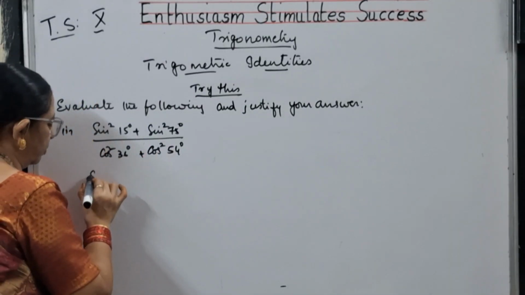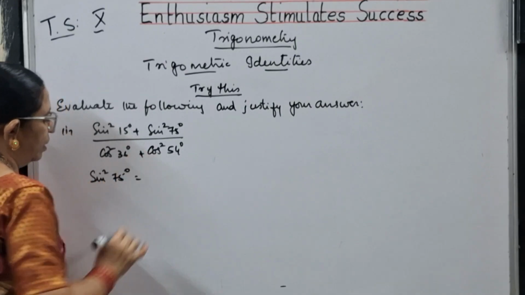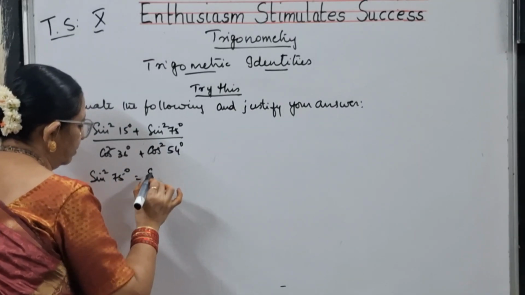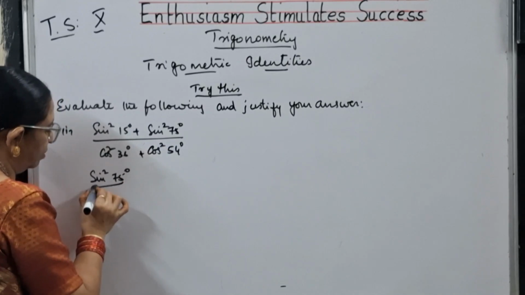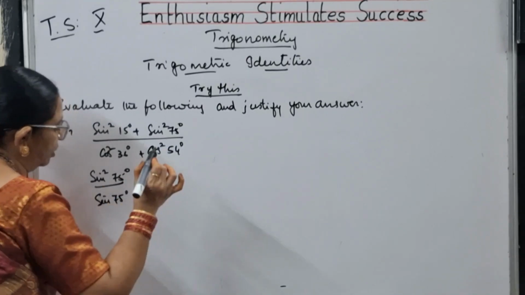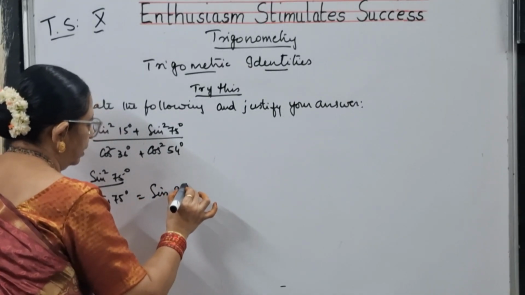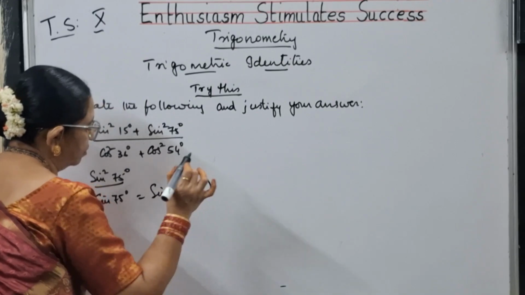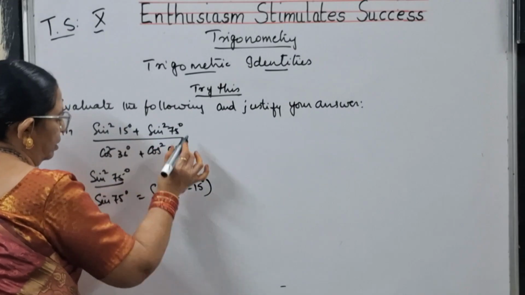So let me take first, in the numerator, sin square 75 degrees. To know sin square 75 degrees, first let me take sin 75 degrees. Sin 75 degrees is nothing but sin of 90 degrees minus 15 degrees. 90 minus 15 is 75; if you add also, it is 90.